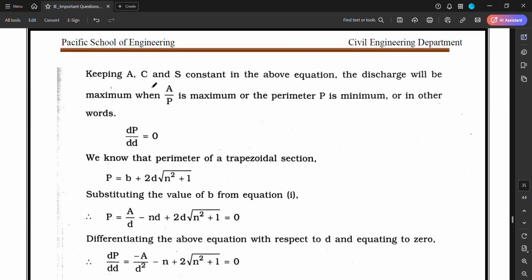Keeping A, C and S as constant in the above equation, the discharge will be maximum when A by P is maximum, that is, when the perimeter is a minimum. Or in other words, dP by dD is equal to 0.